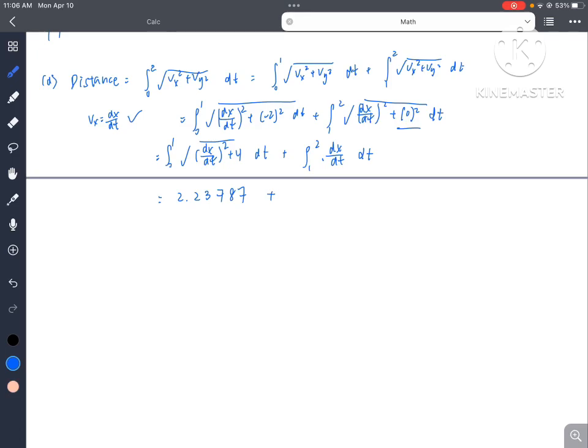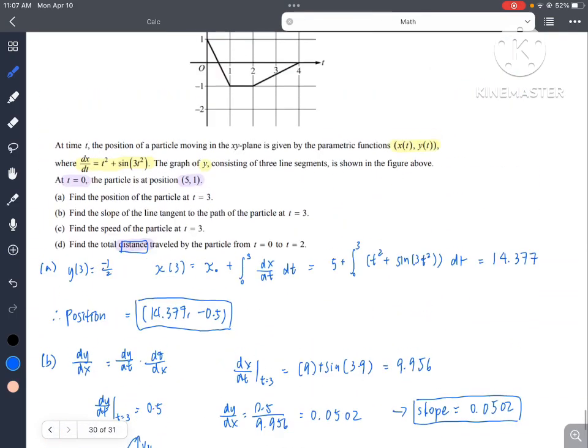And then the second part of the path from 1 to 2, x squared plus sine 3x, which is around 2.1120, so the total is 4.350. So that was it. Thank you so much.